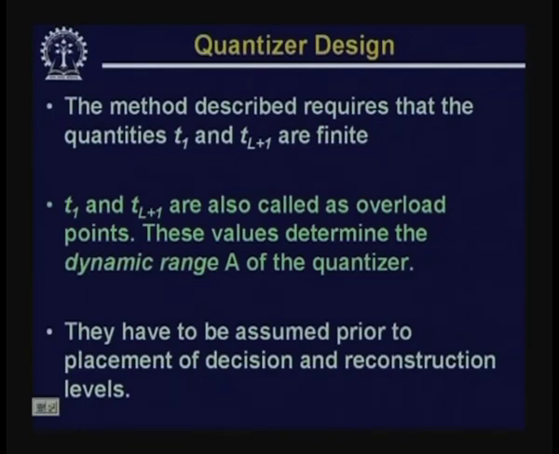These are also called overload points, and these two values determine the dynamic range A of the quantizer. If we have a fixed T_1 and T_{L+1}, then any value less than T_1 or greater than T_{L+1} cannot be properly quantized by this quantizer. So, this represents the dynamic range of the quantizer.